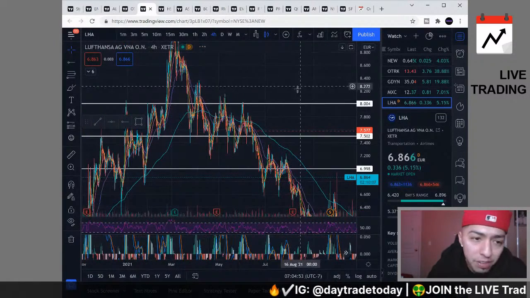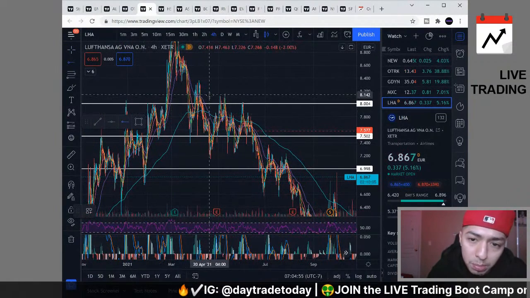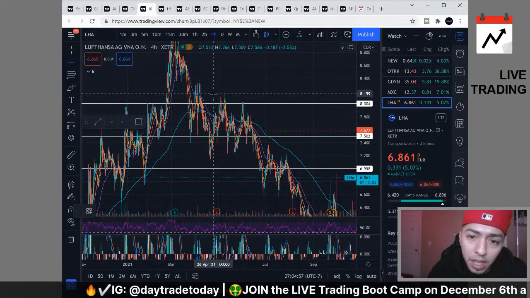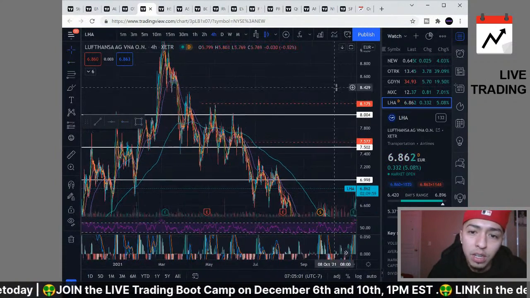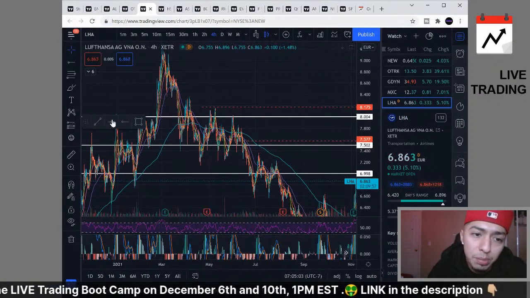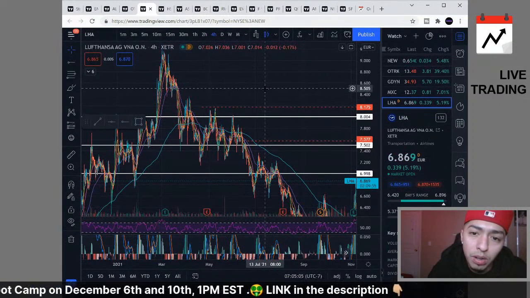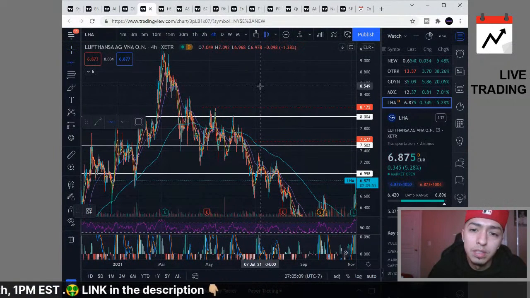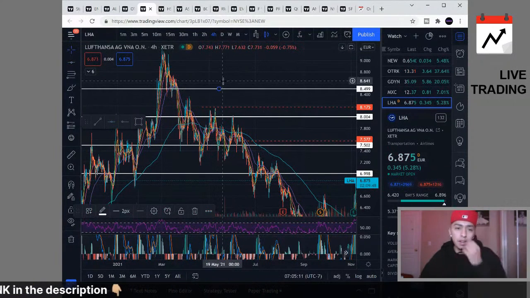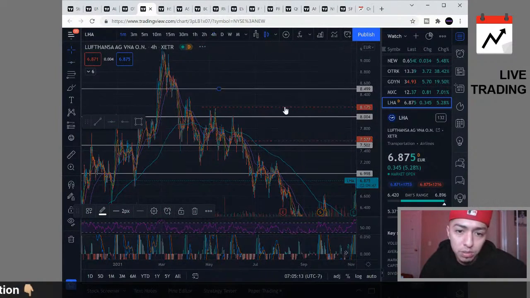If you want to take a safer entry, wait until we break above $8 on LHA and then take an entry at 817. If you take an entry at 817, I would scalp that up to maybe exit around 850. Let me read this. So yeah, 850-ish is where I would exit on this one.